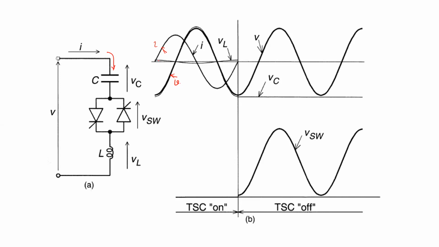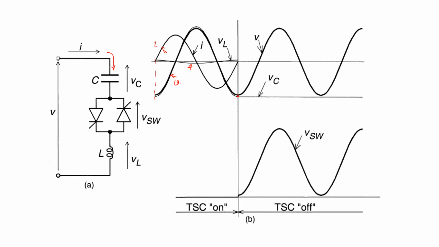Okay. Now here the current is leading. The current is leading because during this time the voltage is equal to negative maximum. Now here, this is the voltage drop across the inductor, so a small voltage drop across the inductor. Now at this point, the capacitor is turned off. The thyristor valves are turned off.